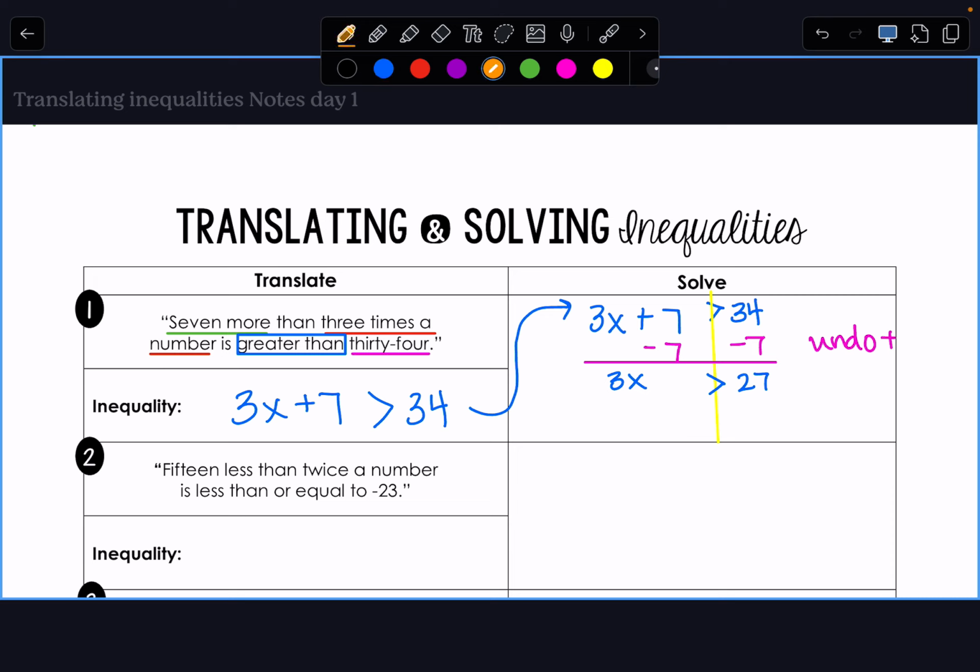Because, Mason, what do we do next? Divide by 3. We need to undo our multiplication by dividing. It's 9. Oh, greater than 9. X is greater than 9.